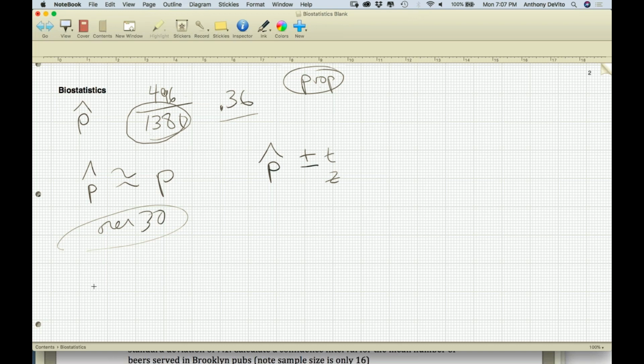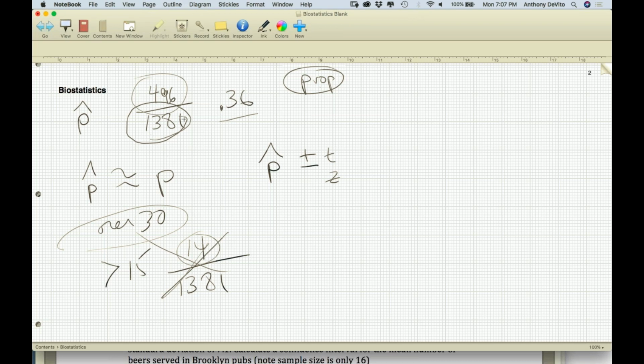Both sides of the proportion have to be greater than 15. So if it turned out to be 14 out of 1,381, even though that's a very large sample, the number of people in favor versus the total number doesn't exceed 15, so I'm not going to say my sample size is large enough. But in this case, it's 496 versus 700 and something, so that's fine.